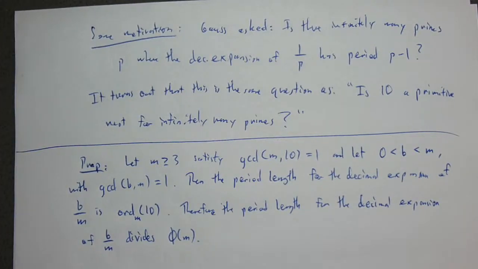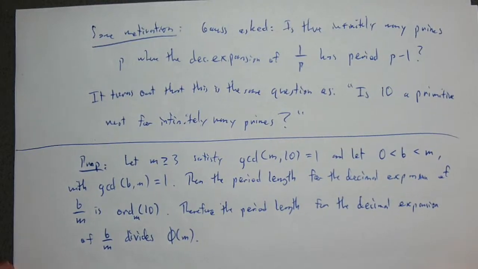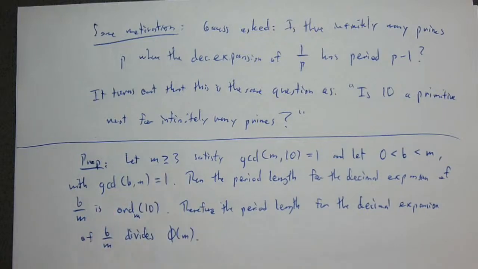Okay. That last sentence, of course, once you know that it's the order, is just a corollary of the order theorem. So that's not too much. If we can show this first bit, then we're good. Okay.